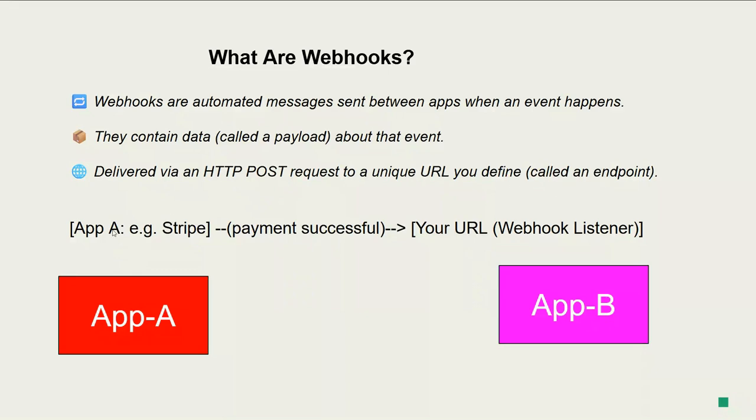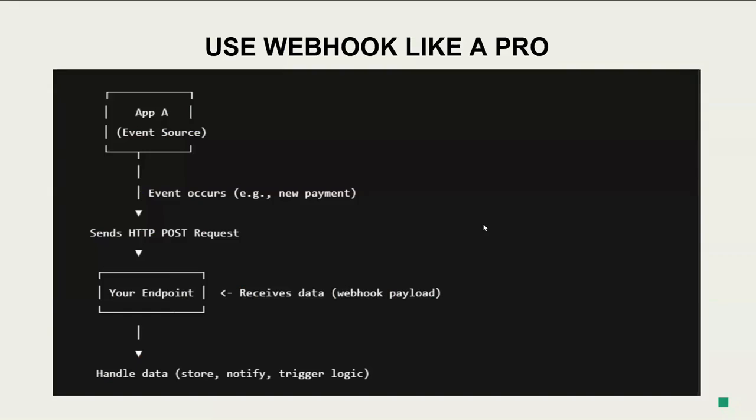So for instance, you can see here for app A, we talk about maybe Stripe, Paystack, a stablecoin app, Google, whatever, has an event that occurs and it will send a webhook to the app that will listen to it. So let's look at a webhook here.